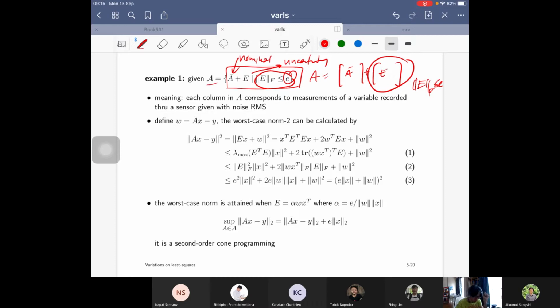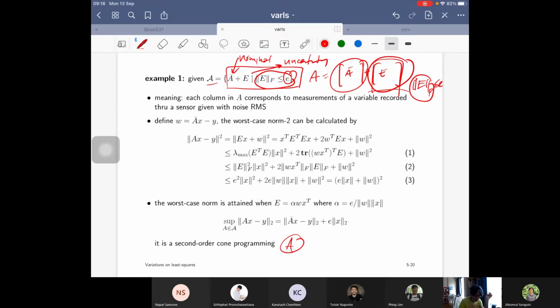Remember the matrix A is called the regressor matrix or the sensor matrix. It means that your sensor has some variation, controlled by the nominal value and the error term. The Frobenius norm is just the two norm extended for matrices.